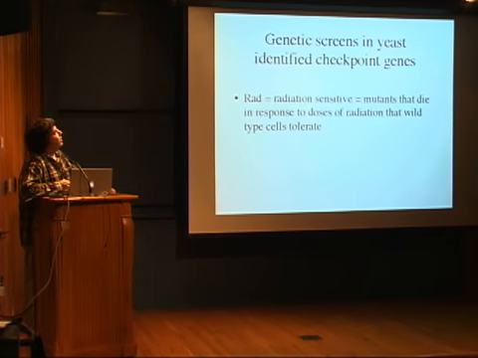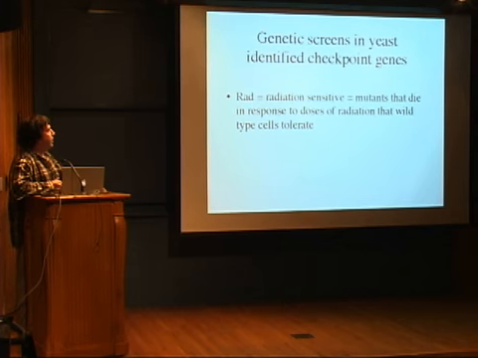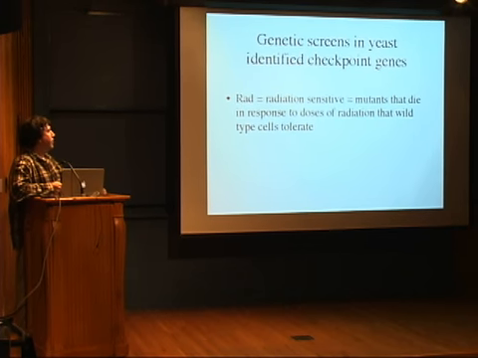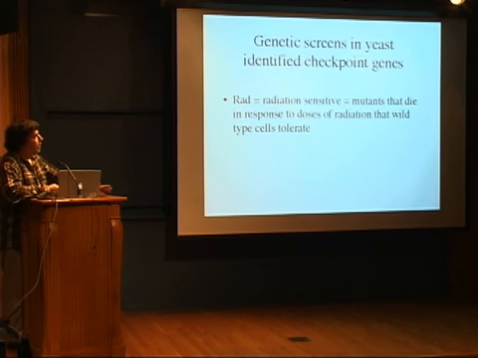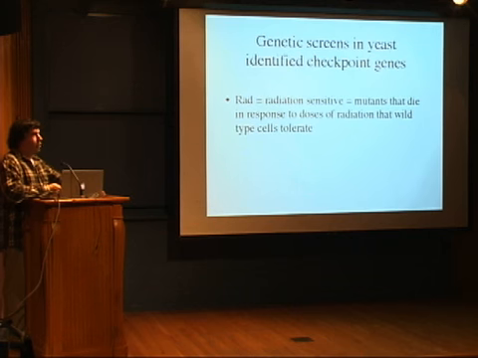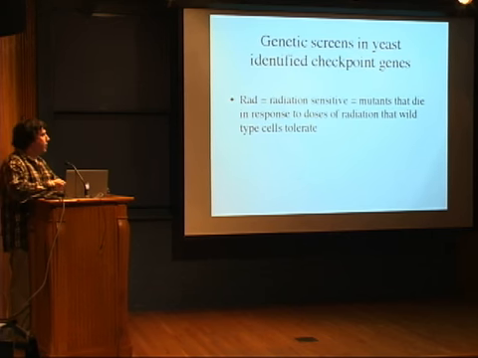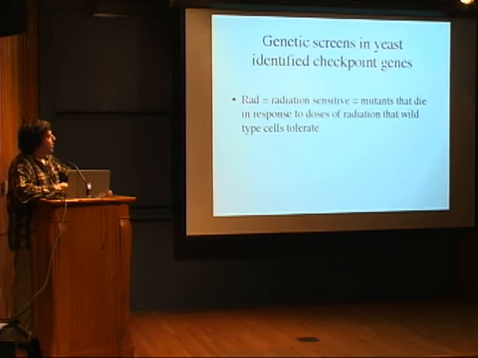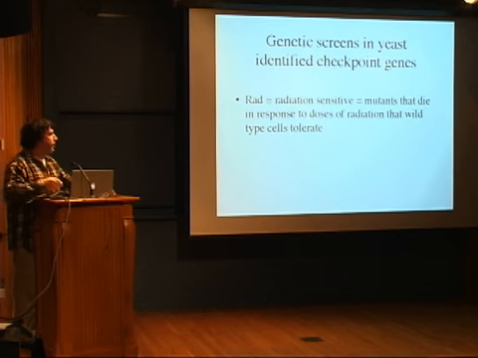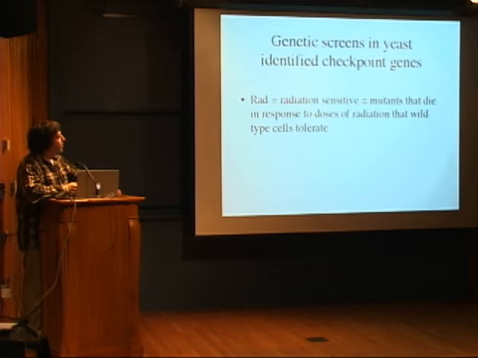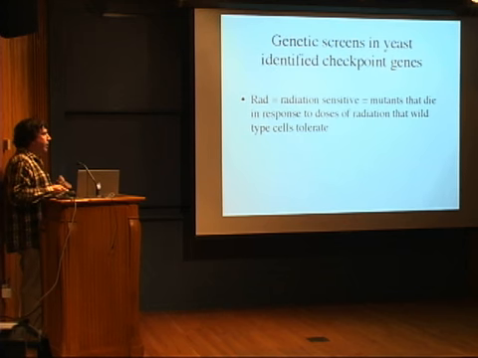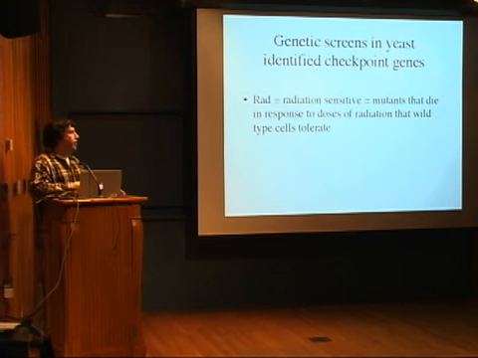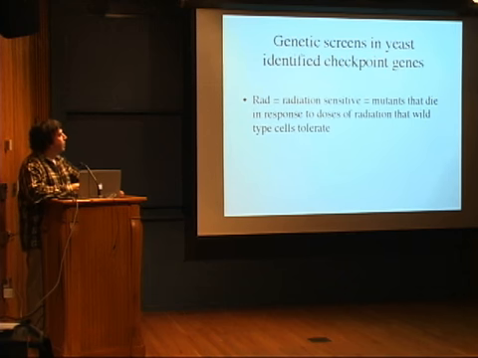And so since then, there have been genetic screens done ad nauseum in yeast and other organisms to identify checkpoint genes. Okay? And again, the basic criteria is a gene that's required to promote cell cycle arrest in response to damage. And a lot of those genes have been named RAD 1 through 5,000 by now because they are sensitive to radiation, and that's the way that the screens were done, initially just looking for genes that were very sensitive to radiation, and then further analyzing whether or not there were cell cycle defects in them.